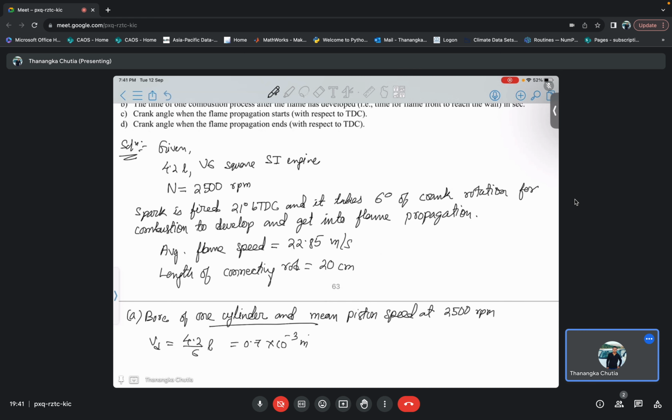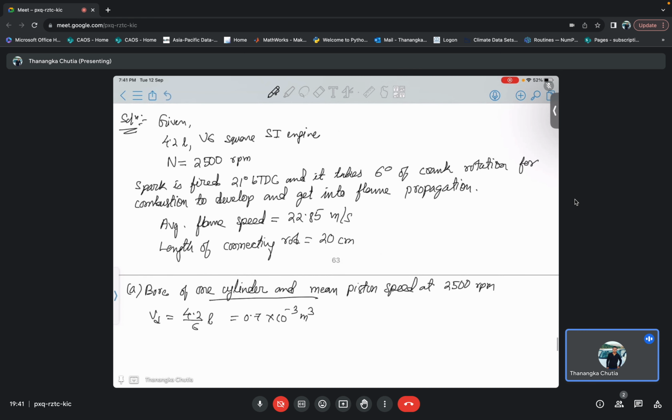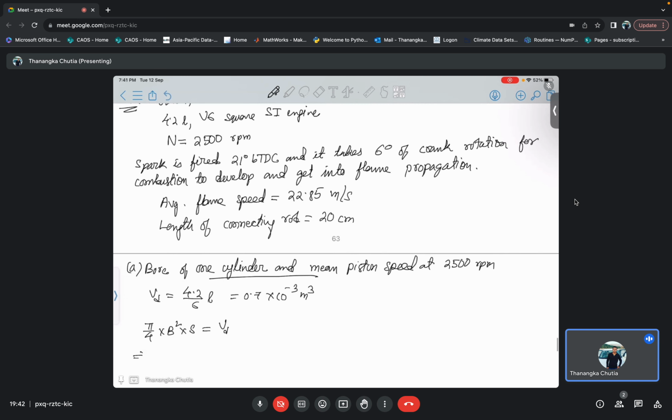Okay, pi by 4 B square into S is equals to VD. This can also be written as pi by 4 into B cube is equals to VD, since it is a square engine.